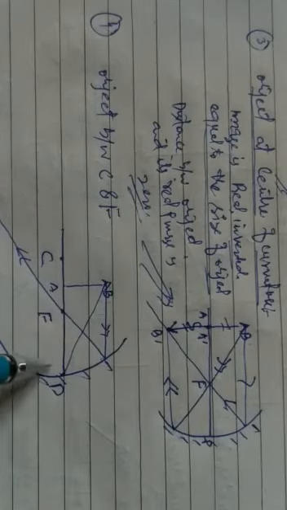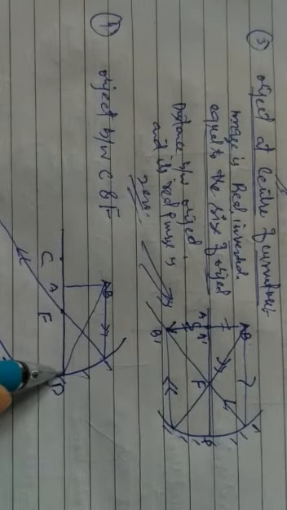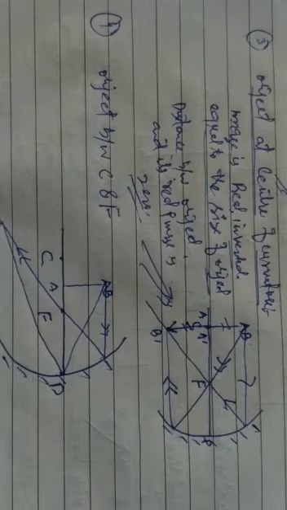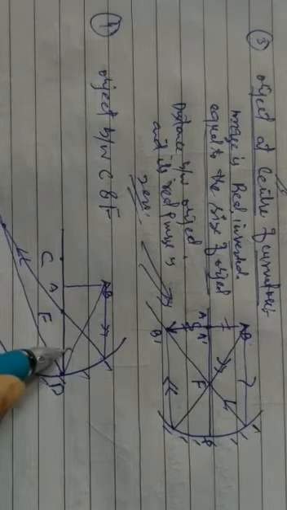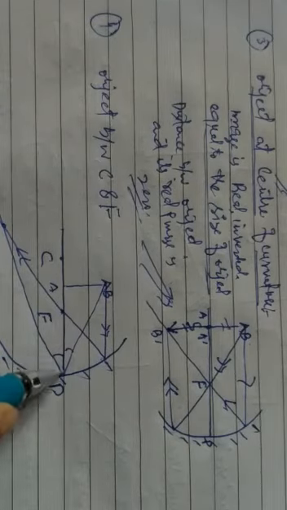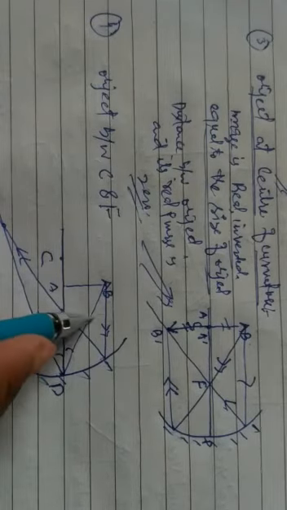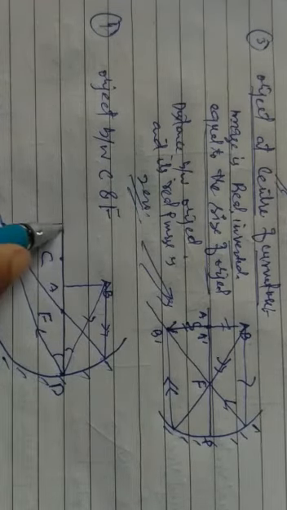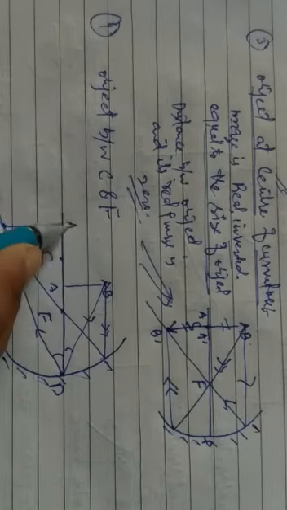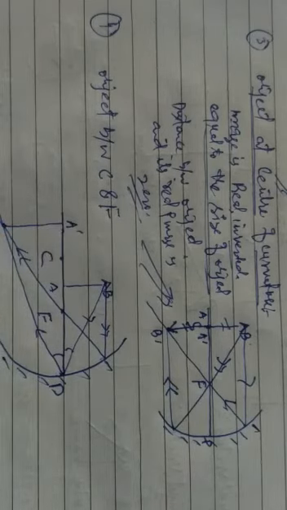Then after reflection, it reflects such that this angle and this angle are equal, the principal axis acts as a normal. So these meet here, and the image is produced here. This is A dash, this is B dash.